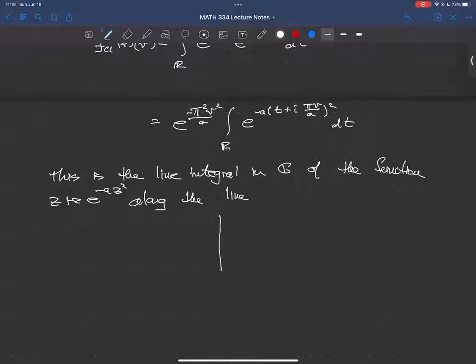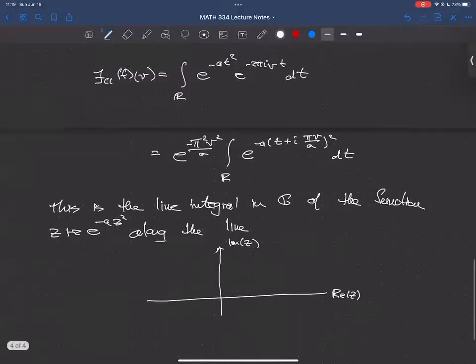Okay, and the line is, so this is the real part of z. This is the imaginary part of z. Okay, and so let's consider the case where nu is positive for the moment.